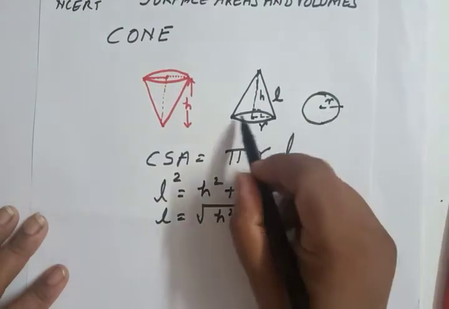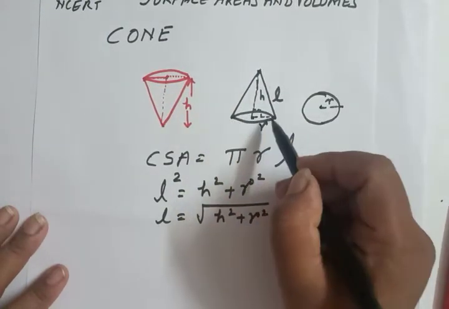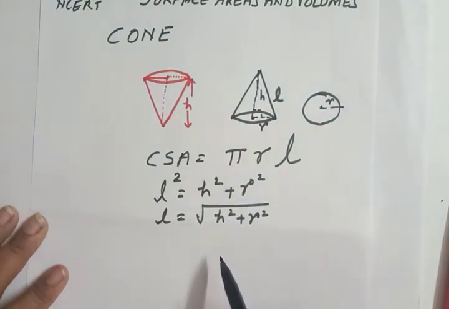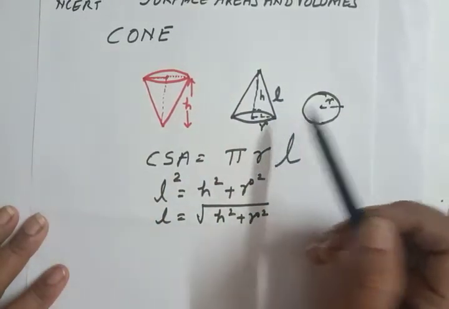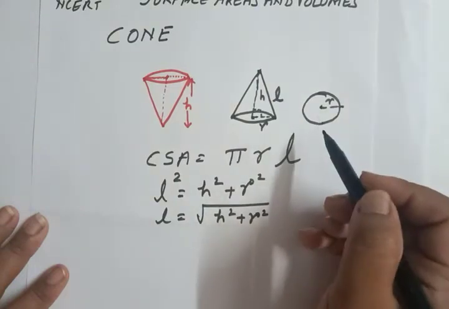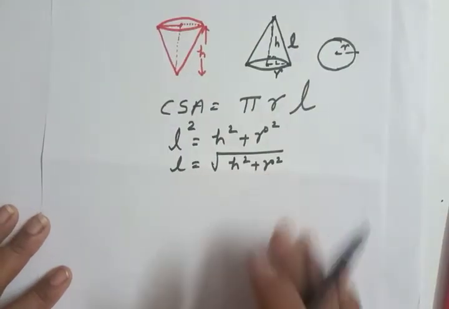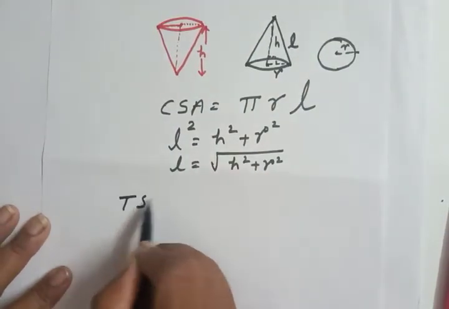So when we paste the bottom and we have a closed cone, what will be the total surface area? Total surface means whatever surfaces we can see. Here we can see only the curved one. But when we close this, we have one more surface, that is the bottom surface. So that will be the total surface area.